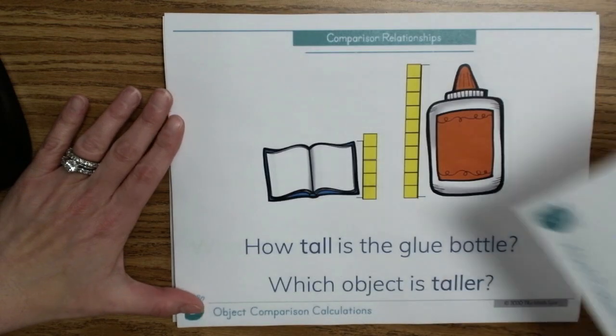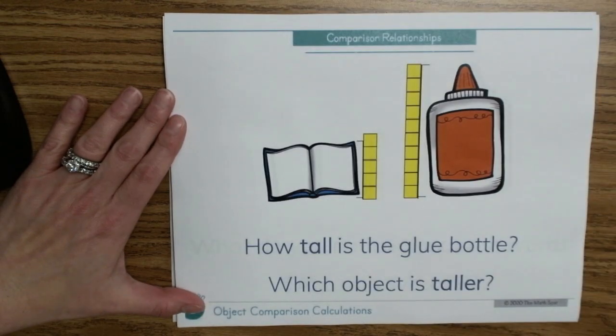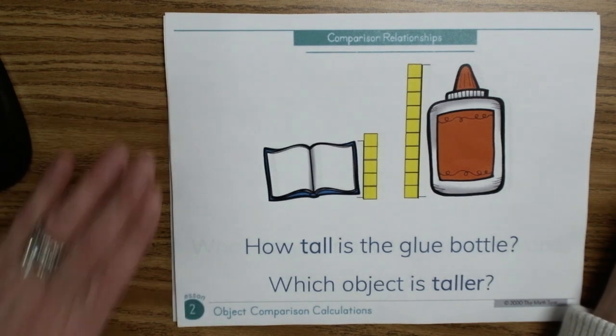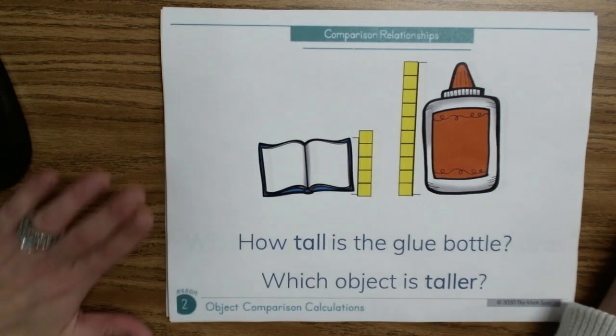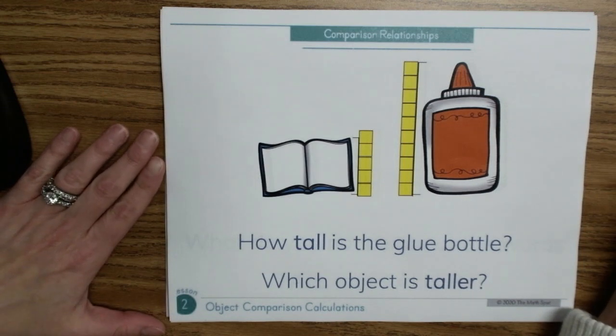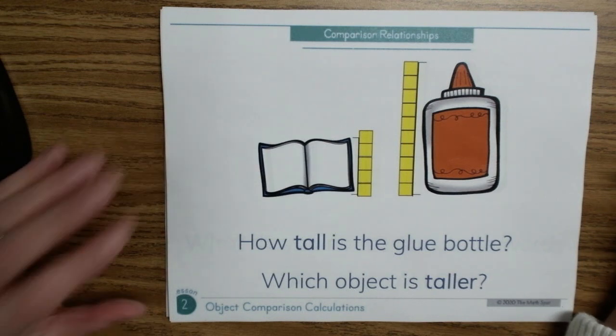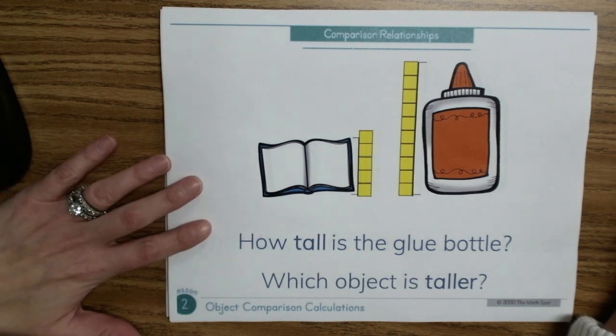So let's start out by looking at a notebook and a glue bottle. And the first thing it asks is, how tall is the glue stick? Or I'm sorry, the glue bottle. Well, let's count each of our cubes or our squares and see how tall it is.